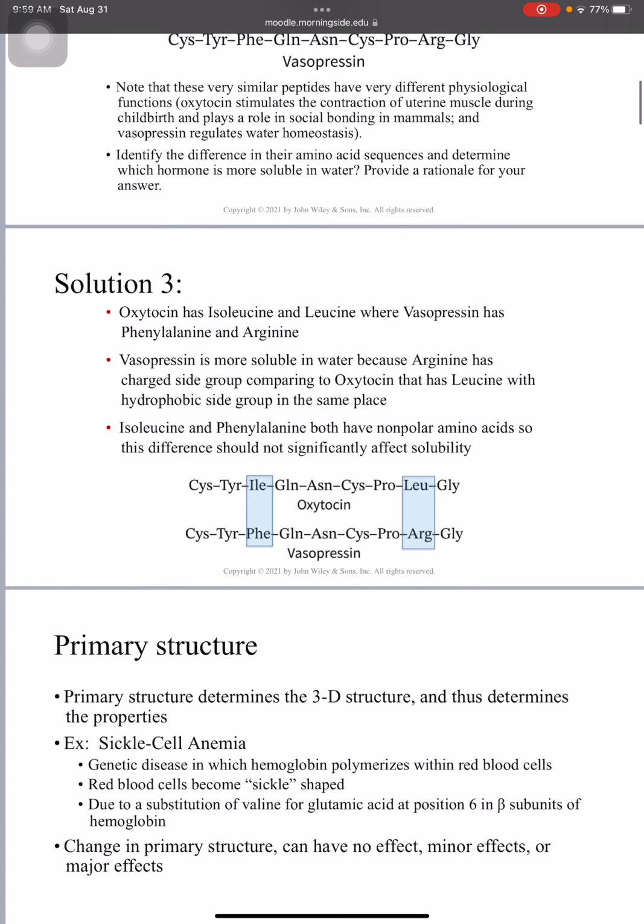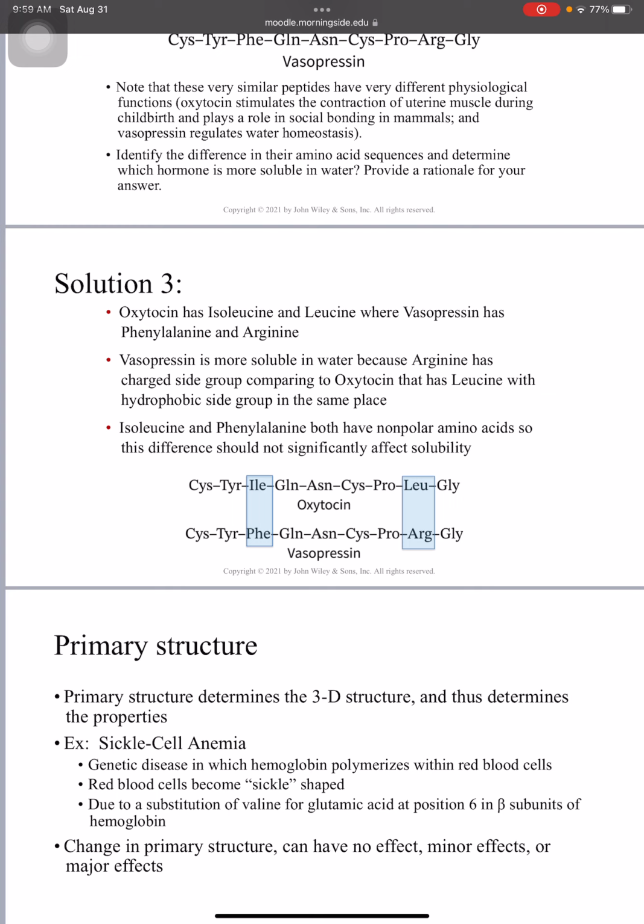So if we look at this, we're trying to figure out what's the effect on solubility. Well, let's look at each of the pairs of amino acid differences and see what we can come up with. One difference is at amino acid residue 3, isoleucine versus phenylalanine.